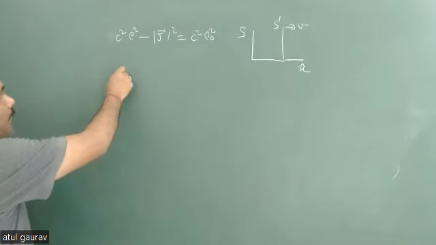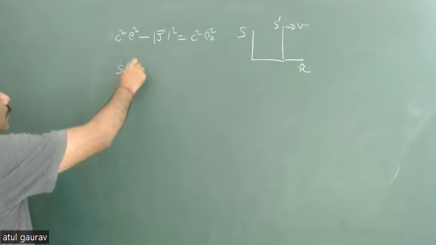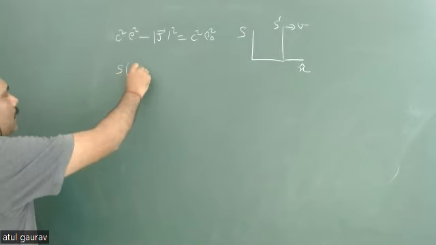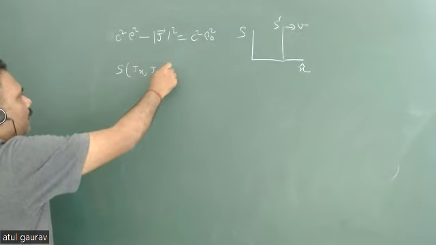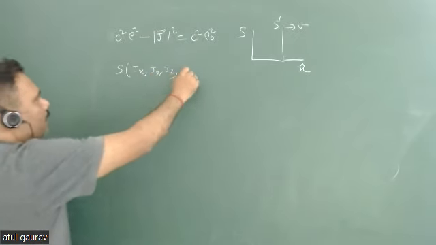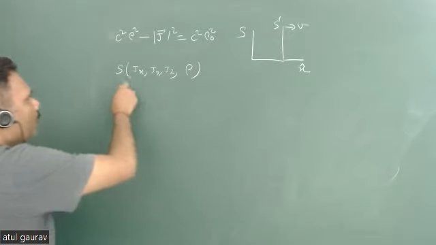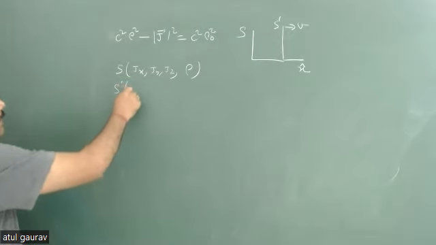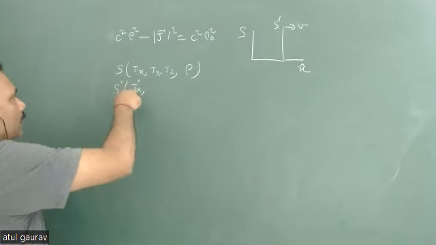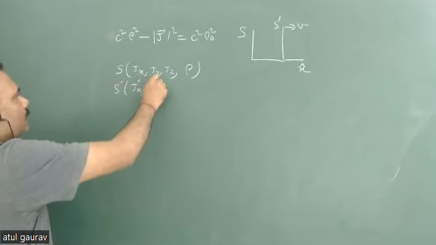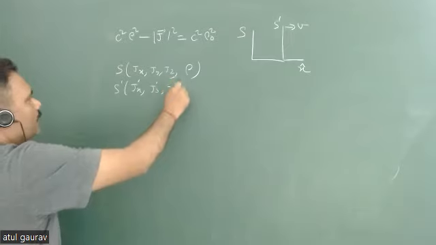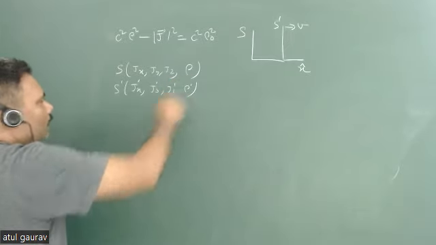So from the S frame, the current density components are Jx, Jy, Jz, and the charge density is rho. With respect to S dash, the current density components are Jx dash, Jy dash, Jz dash, and this is your rho dash.